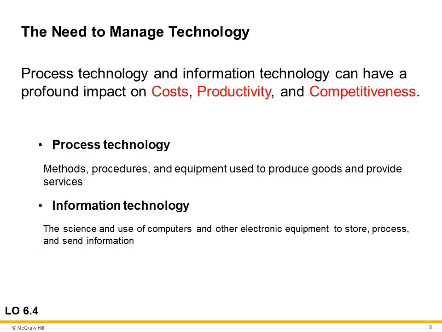As we know, technology has a significant effect on our process, on production activities. For example, process technology like the new equipment, advanced tools in your production line, or information technology methods or tools to manage your information.